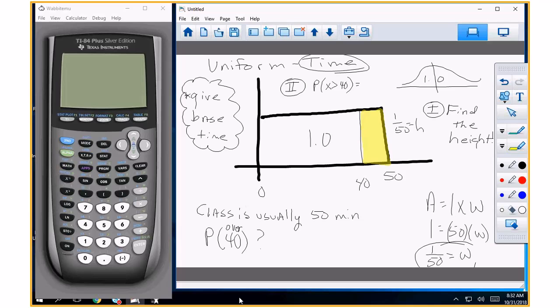I'm going to be wrong if I say it. Is it going to be 10 times W? Where did you get that 10 from? 50 minus 40. The width right here, good, is 50 minus 40, which is 10. So the base is 10. And what's the height? 1/50. There you go. Y'all are so smart.